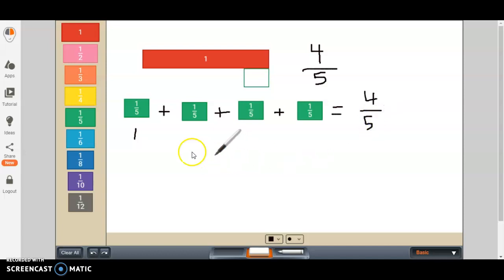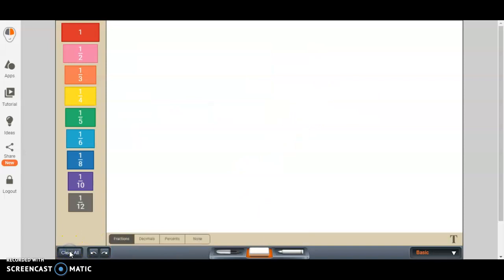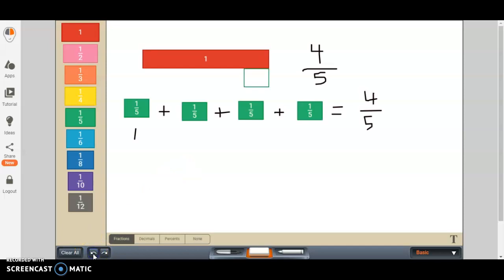And the reason why I can do this is I haven't changed the shape of these. I haven't changed how much would make a whole. I'm just saying, okay, here's one part, here's another part, here's another part, and here's another part.